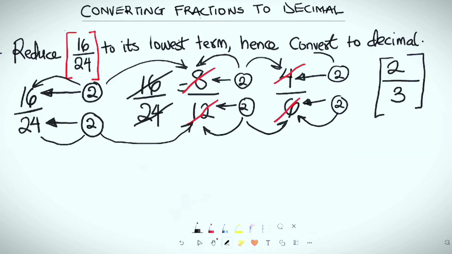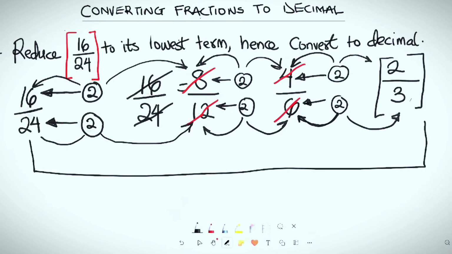The same 2 into 4, we're going to get a 2. And the same 2 into 6 gave us a 3. So this was into their lowest term. As it stands, no same number can divide 2 and 3 without a remainder.